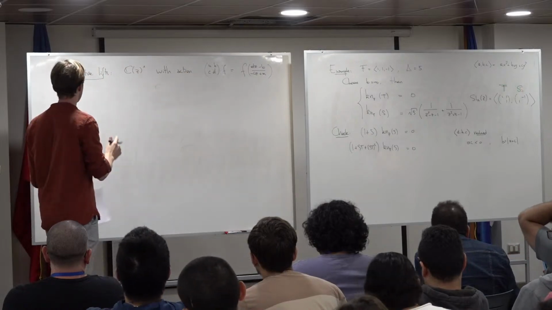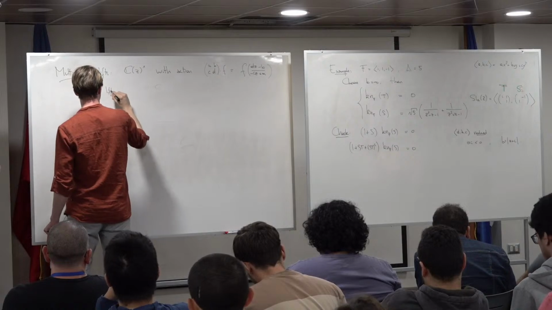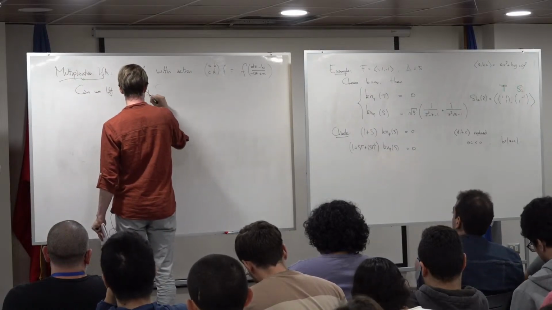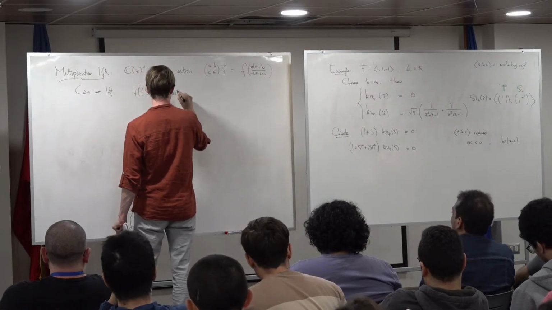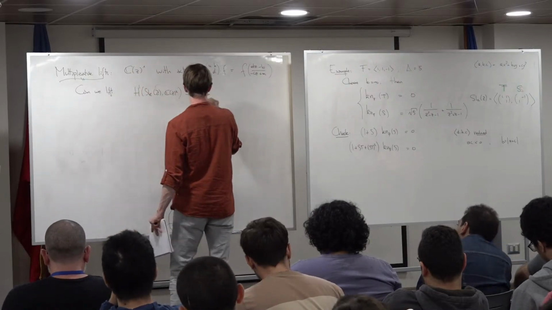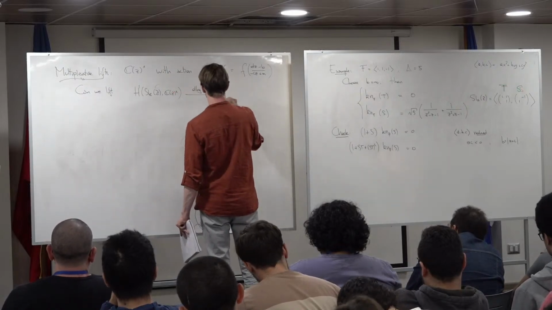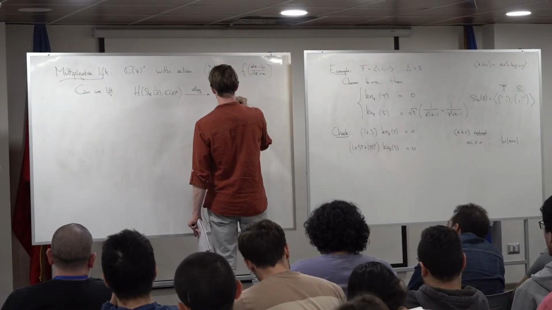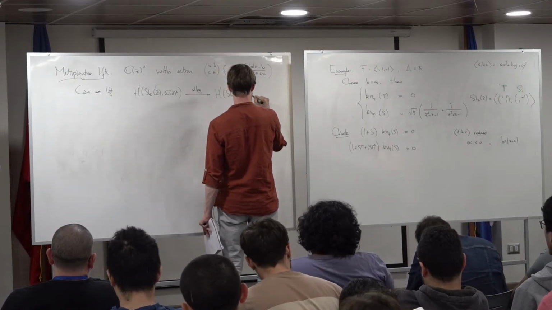And the question is, can we lift our cocycle for the following map? So I have a natural D log map, which I defined in the first lecture, that takes me from a multiplicative cohomology class in this sense to a cohomology class of the additive cocycles that we just studied.